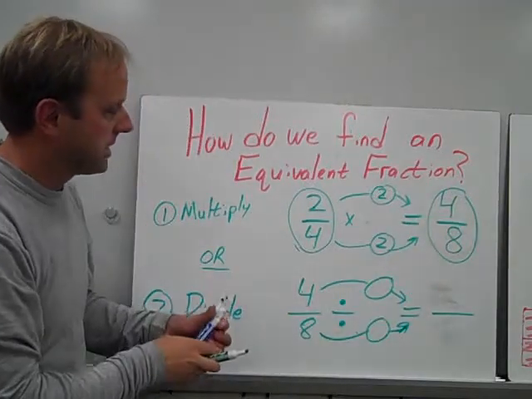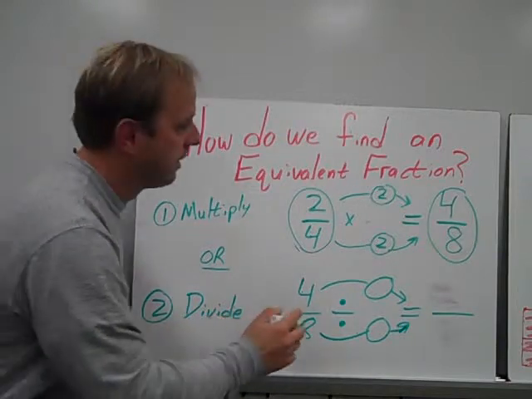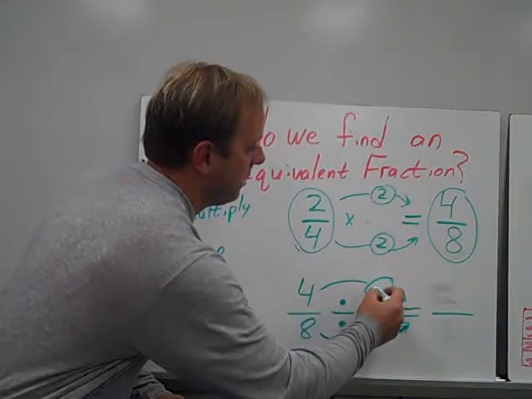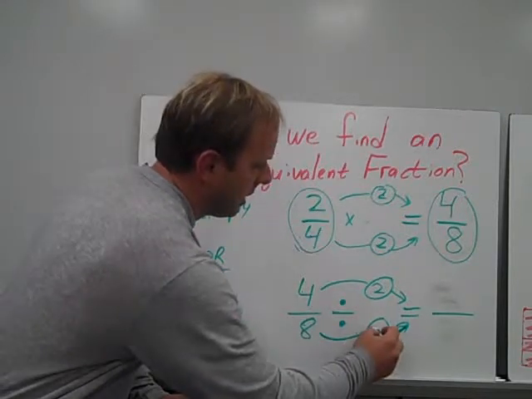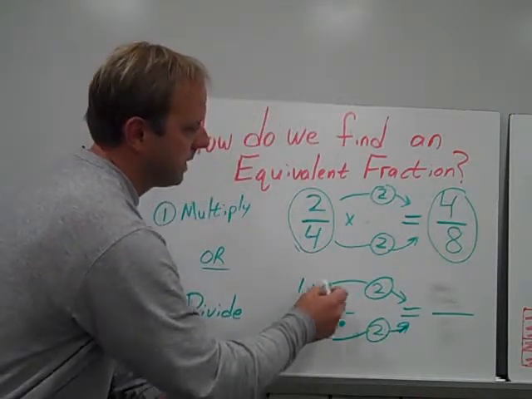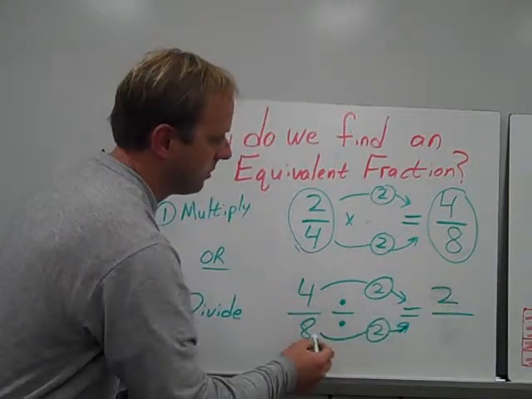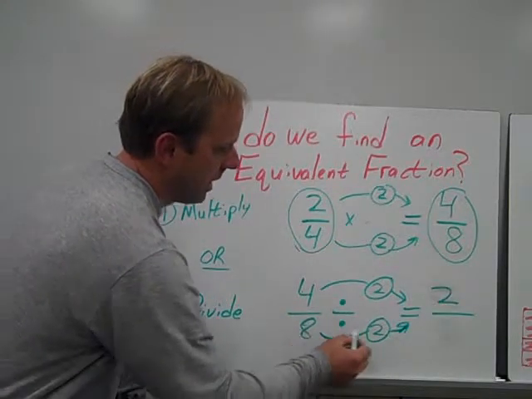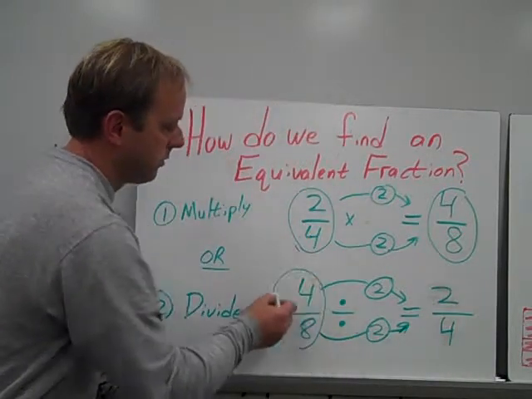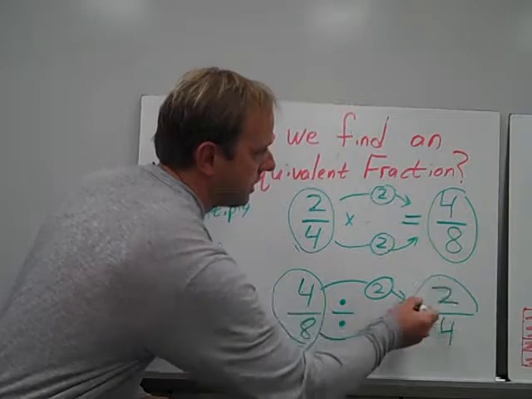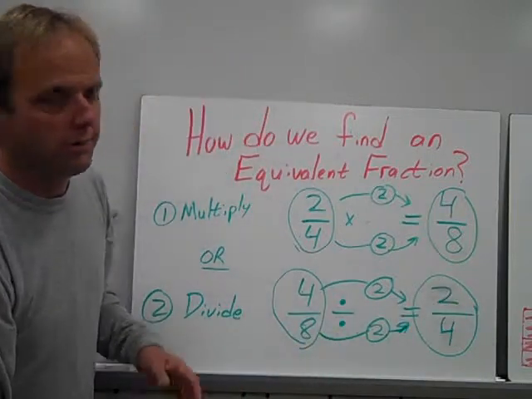Now, using that same diagram, I can look at 4/8 and divide. If I divide my numerator by 2, I need to divide my denominator by 2. I am taking half of my numerator, 4 divided by 2, and half of my denominator, 8 divided by 2. And I have now proven using multiplication and division that 2/4 and 4/8 are equivalent numbers.